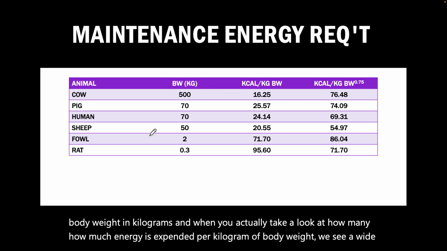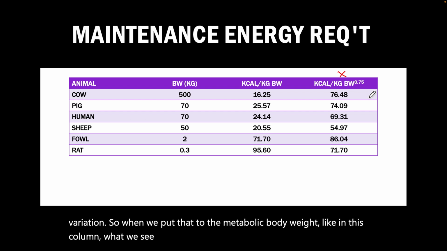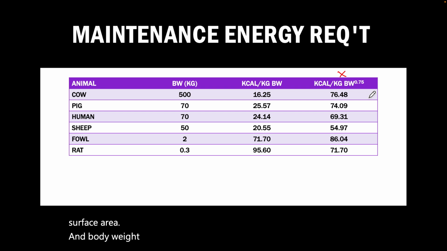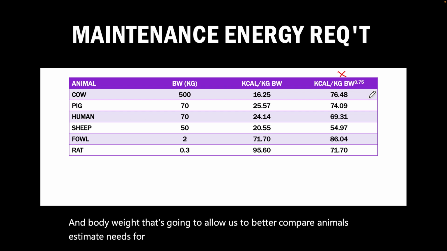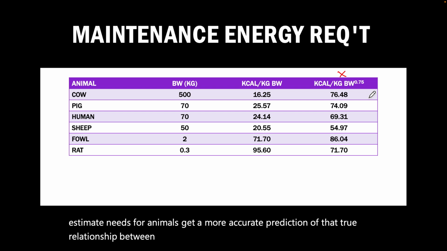When we put that to the metabolic body weight, like in this column, what we see is the standardizing of the relationship between surface area and body weight. That's going to allow us to better compare animals, estimate needs for animals, and get a more accurate prediction of that true relationship between surface area and body weight.